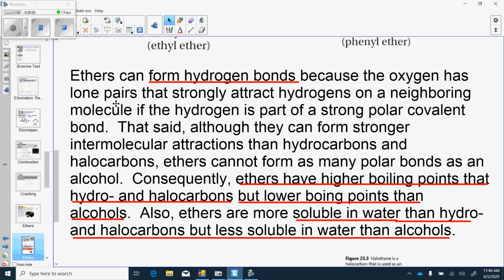You can see because of the oxygen and the high electronegativity, the intermolecular bonds are hydrogen, so they're strong intermolecular bonds. They're not as strong as your halogens, but they're pretty strong. Ethers have high boiling points. They're usually higher than your hydrocarbons or your halocarbons, but they're going to be lower than your alcohols.